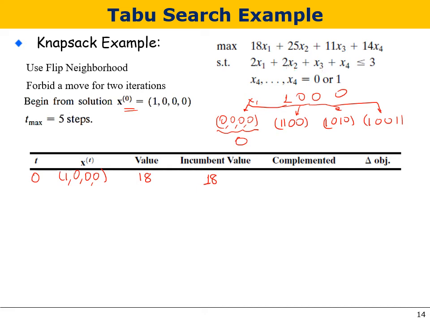For the second one, when you put it into your constraint instead of x1, x2, x3, x4, you see that this 4 is not less than or equal to 3. So this solution is infeasible. Basically you cannot consider it as a feasible neighbor. The third one is feasible with an objective function value of 29. And the fourth one is feasible with an objective function value of 32.